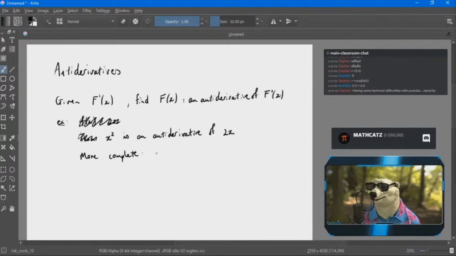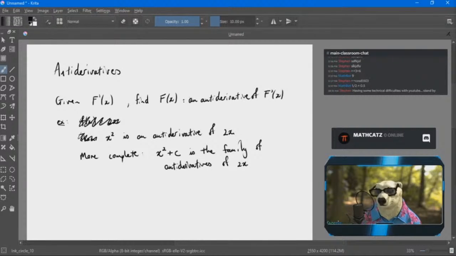So more complete, I'll say x squared plus c is the family of antiderivatives of 2x. So after our initial introduction to the concept, we are really focusing on this sentence and what that means.